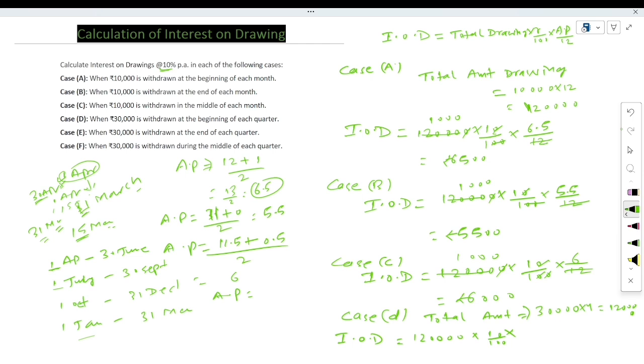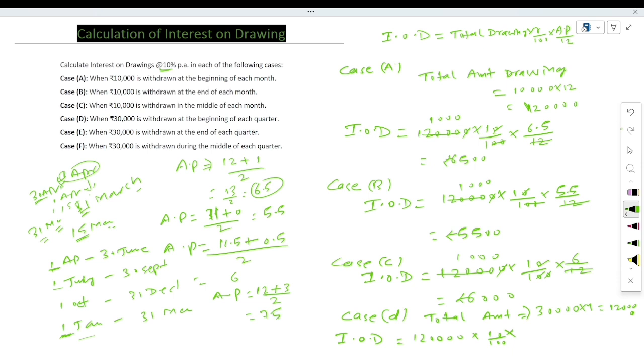Here is the formula: months left after first drawing. If you are withdrawing money on 1st April, then how many months will be left here? 12 months, plus months left after last drawing. Last drawing would be when? 1st January, because the beginning of the quarter is 1st January. So how many months will be left here? 3 months upon 2.